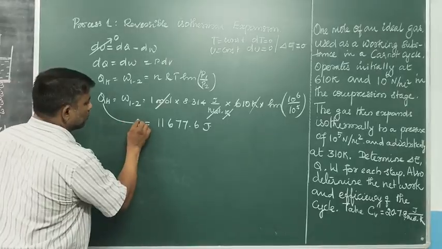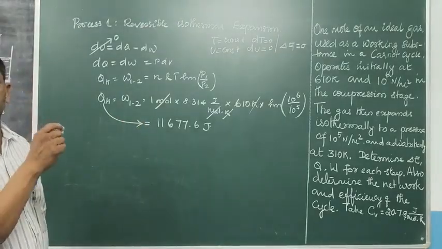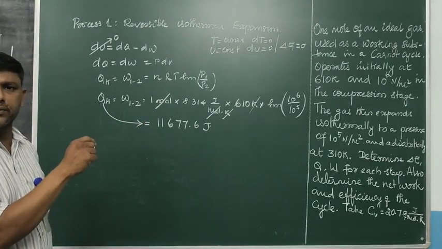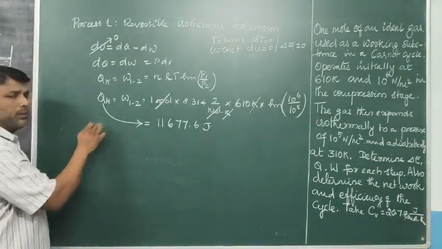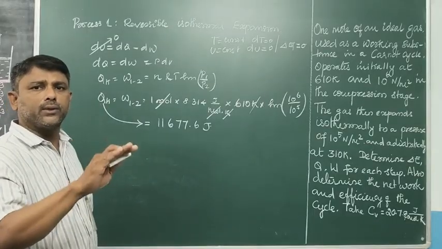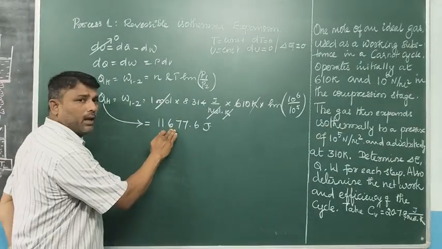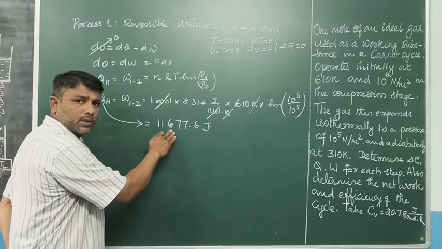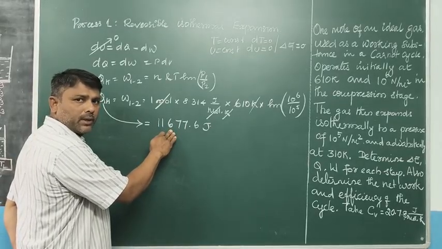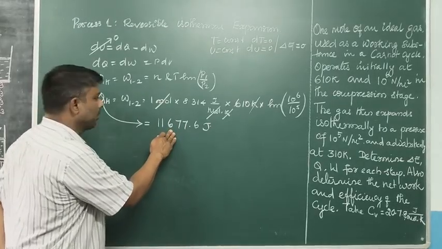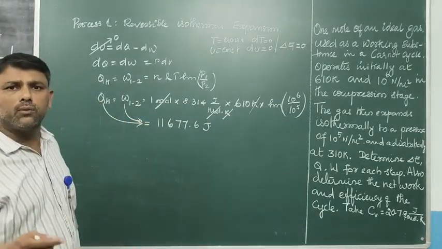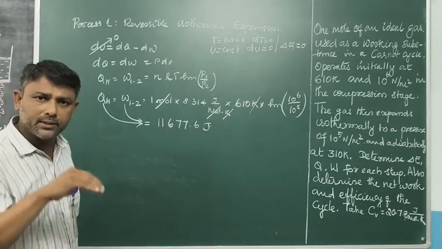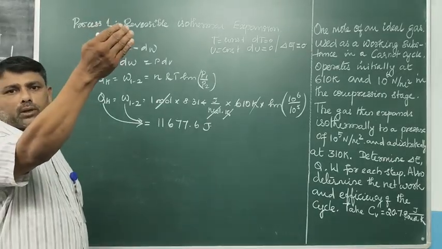Q is equal to, that means this much amount of heat gets transferred from source, the hot thermal reservoir, to the system in order to maintain the isothermal condition. This is the amount of heat added to the system in order to maintain isothermal condition for the expansion process. Or W12, this is the amount of work done by the system for expansion work.